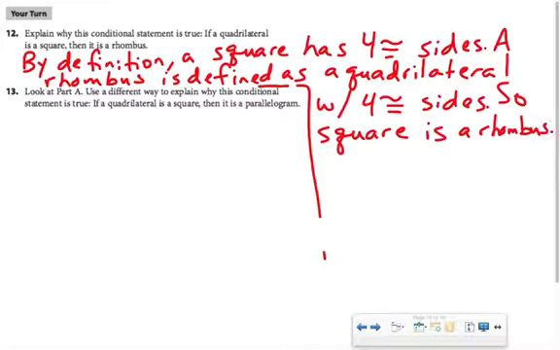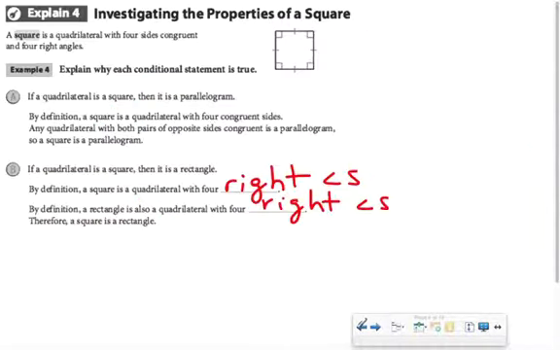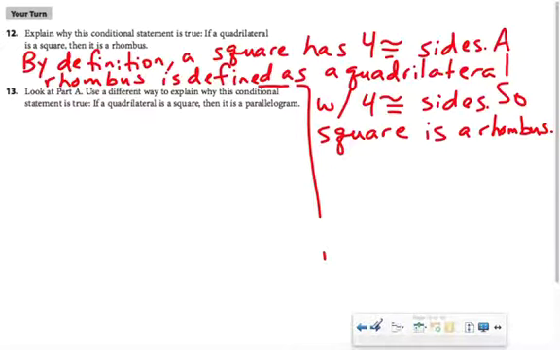It says, look at part A. Use a different way to explain why this conditional statement is true. If a quadrilateral is a square, then it is a parallelogram. In part A, they use the fact that it has 4 congruent sides. But we could also use that the 4 angles are congruent.